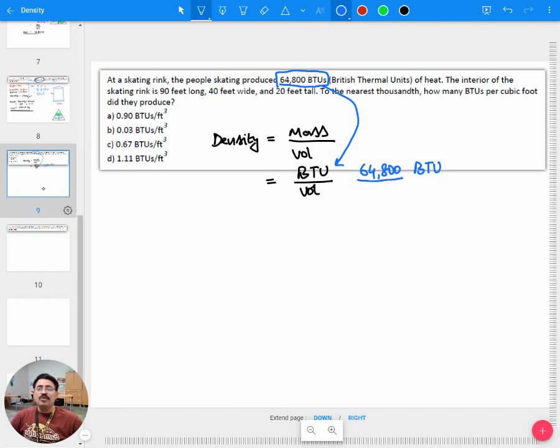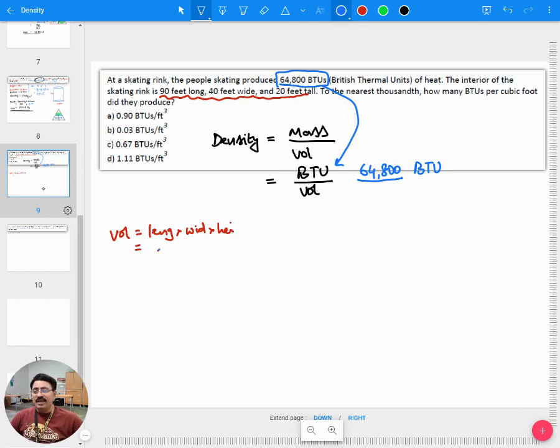And what is volume? The length, width, and height are given here. So you know that volume of a rectangular room is length times width times height. So let me plug in these values.